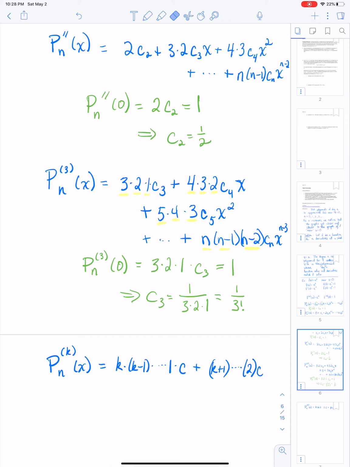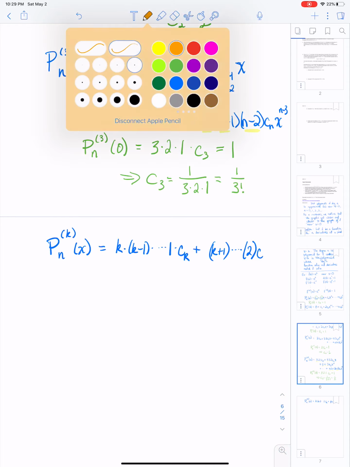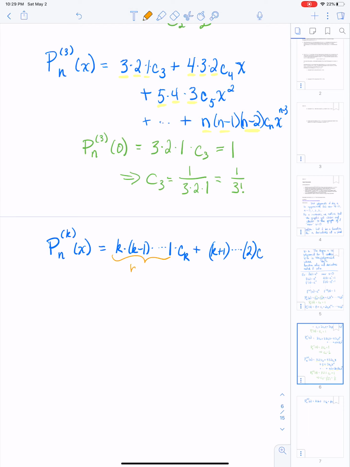This should be ck. And then the next term here, there are k numbers here, and k numbers here.